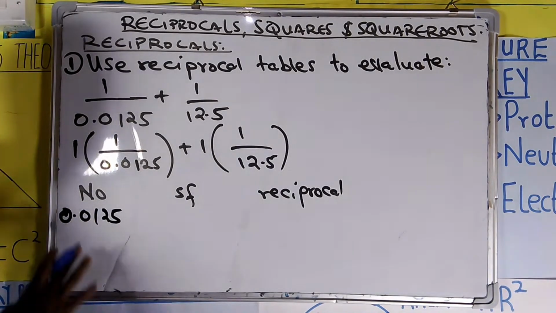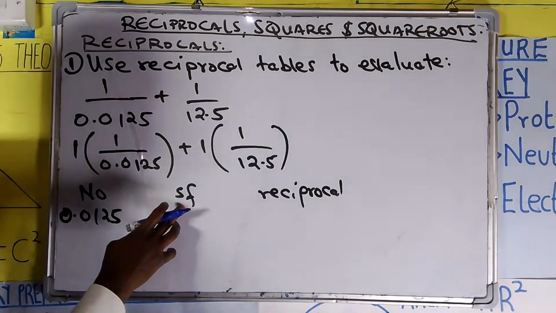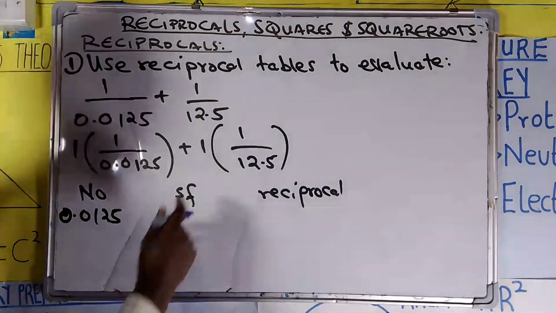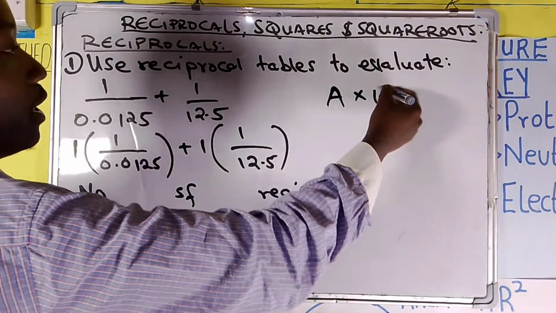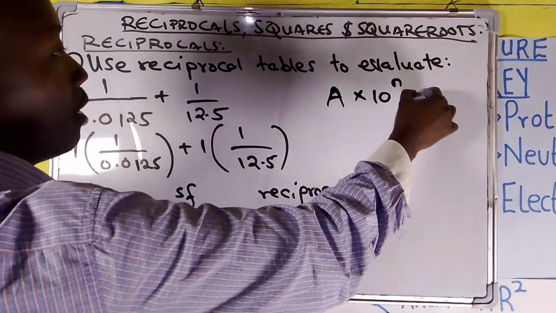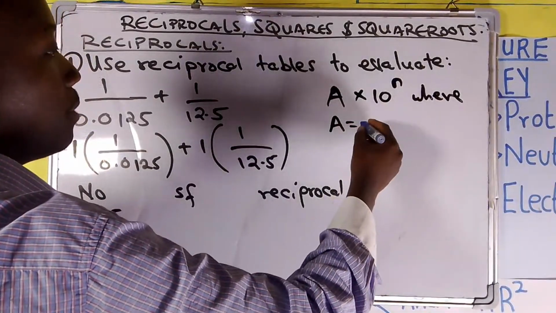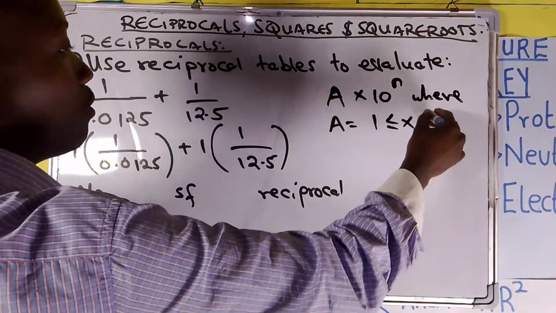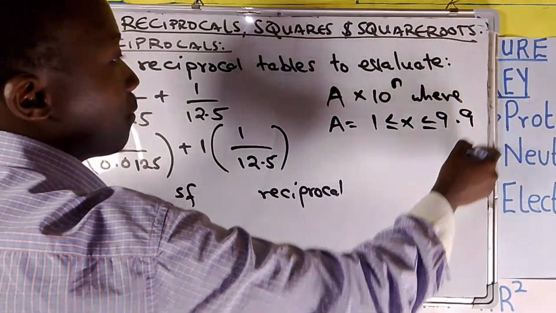We are going to write this number in standard form. Remember, for us to write a number in standard form, we must write it in the form a times 10 to power n, where a is a number such that 1 is less than or equal to a is less than or equal to 9.9.